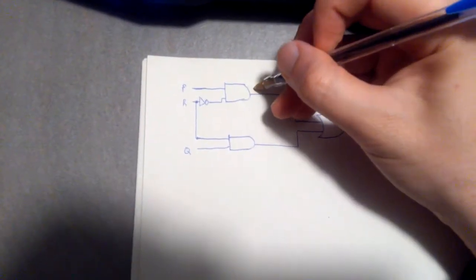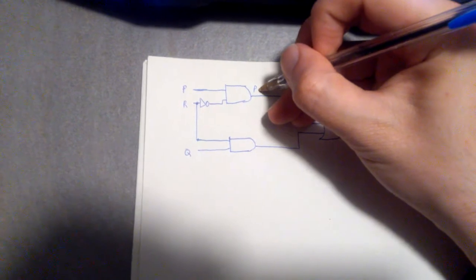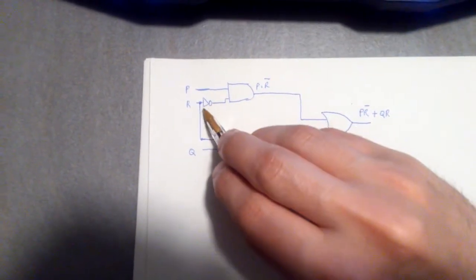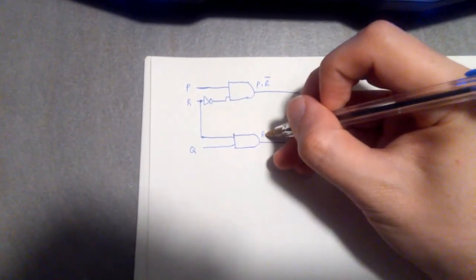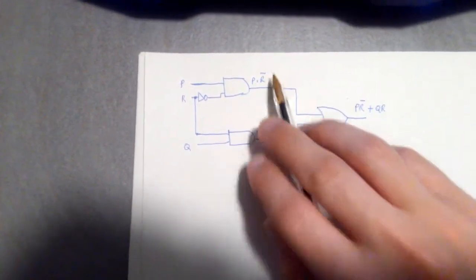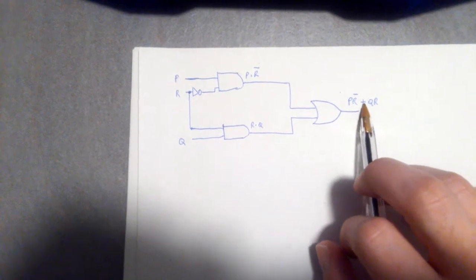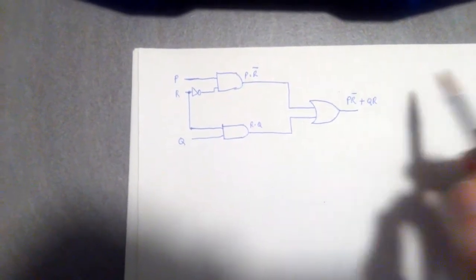Because this one will actually be P times R naught, because there is a NOT here. And over here we would have R times Q. And if we put those together, we get P R naught OR with QR, or RQ, which is the same.